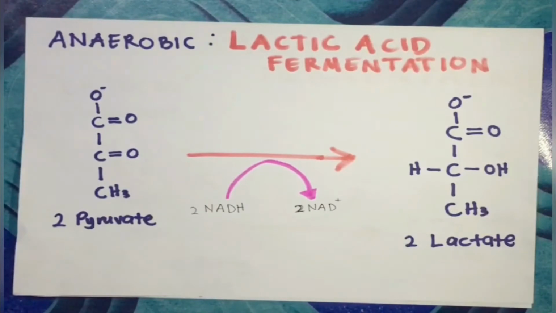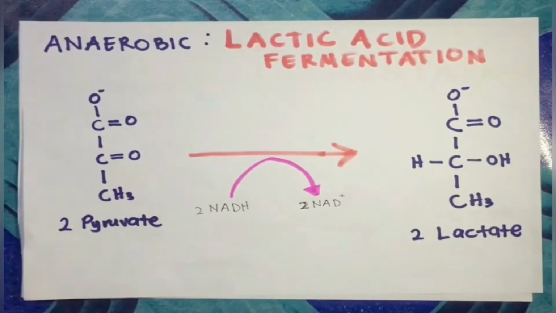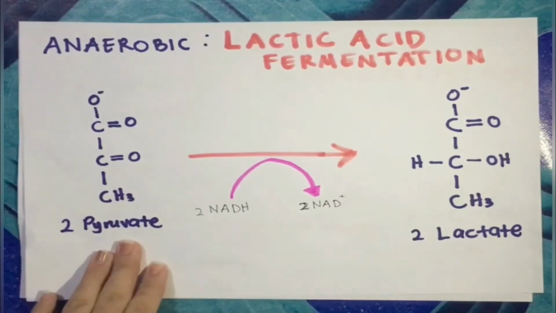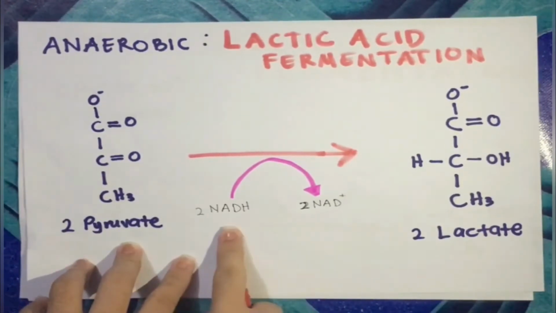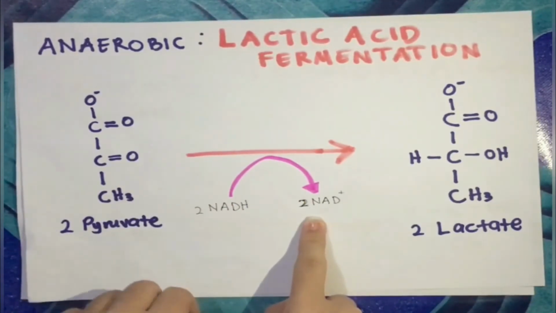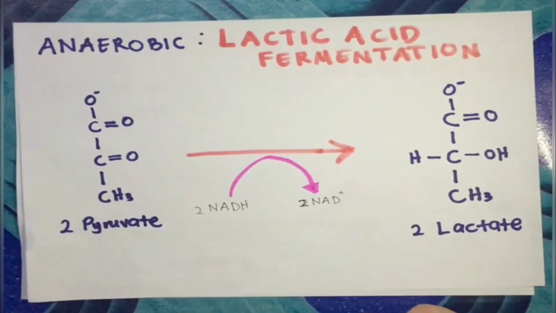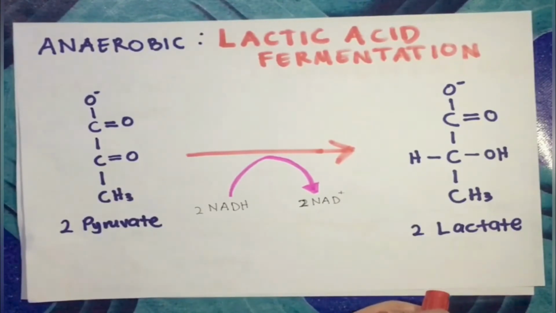In anaerobic glycolysis, also known as lactic acid fermentation, pyruvate is converted to lactate and the NADH is reoxidized to NAD+, which then provides additional NAD+ for more glycolysis. Fermentation to lactate occurs in vigorously contracting muscle, erythrocytes, some other cells, and in some microorganisms.